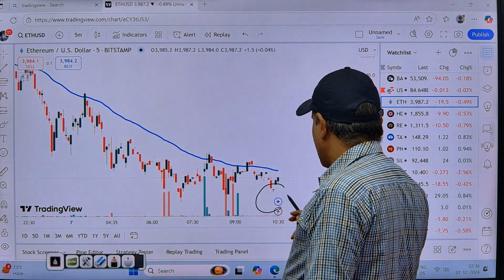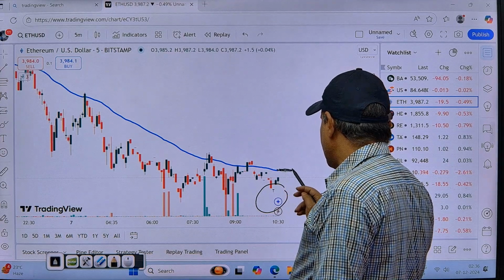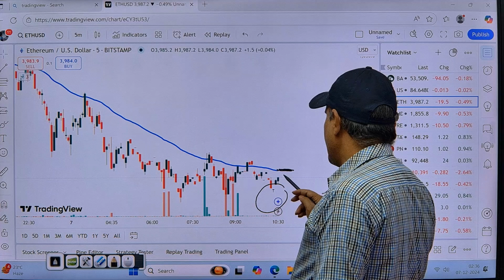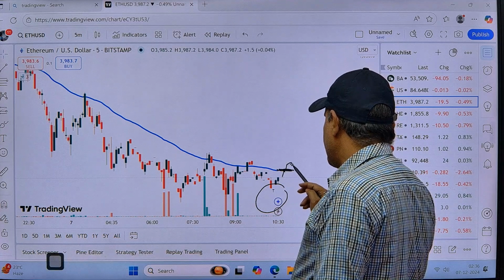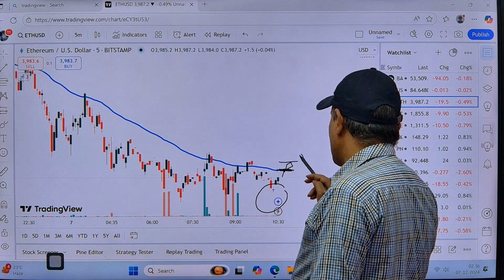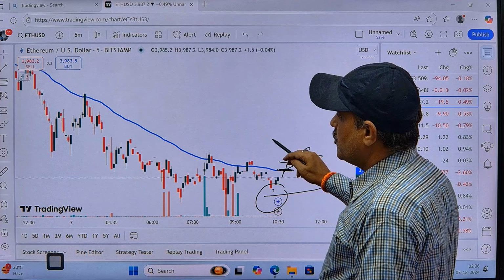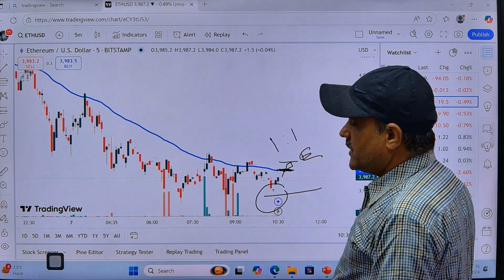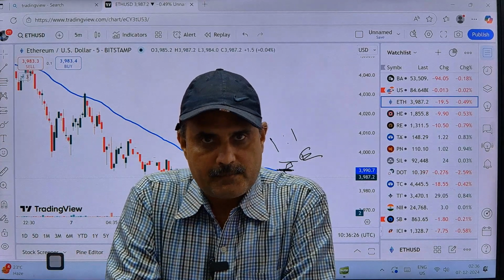But we have to wait for a candle to touch this 50 line, and if any candle touches here and any follow-up candle forms above this touching candle, then we are going to take entry here and our stop loss should be here. The first target should be 1:1. So this is the way of trading the Dragonfly Doji candlestick pattern.